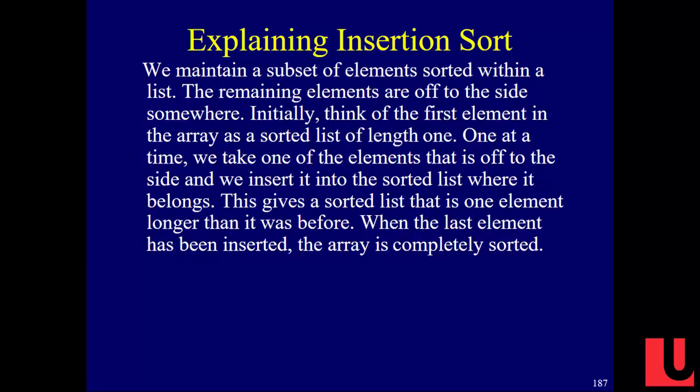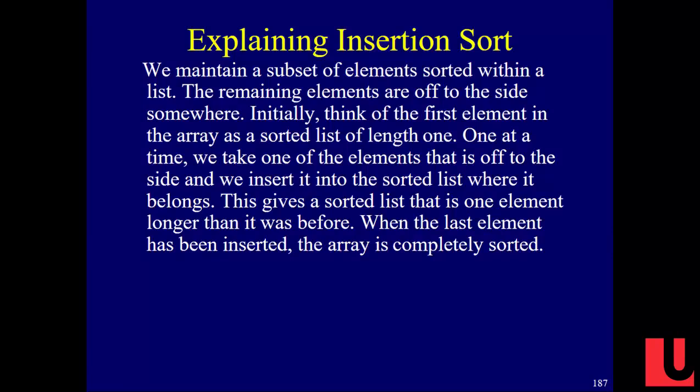Then I say, well, initially think of the first element of the array as a sorted list of length 1. What did I just do there? Precondition to the loop invariant. The precondition is I have this array, a bunch of numbers, and I'm establishing the loop invariant by saying I have a sublist of length 1 that's sorted.